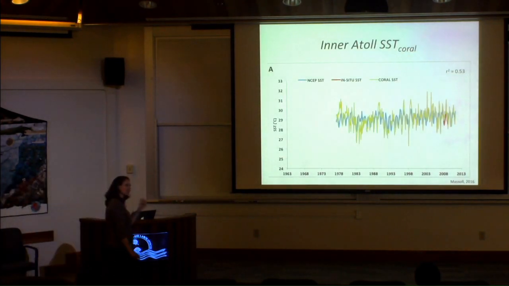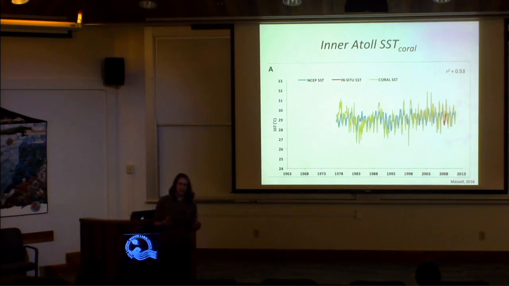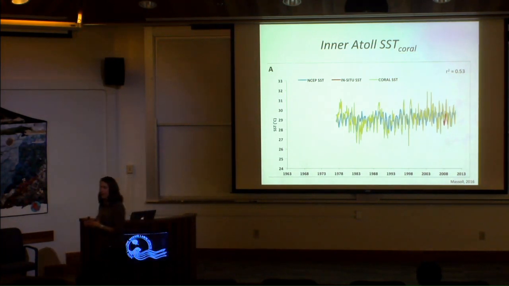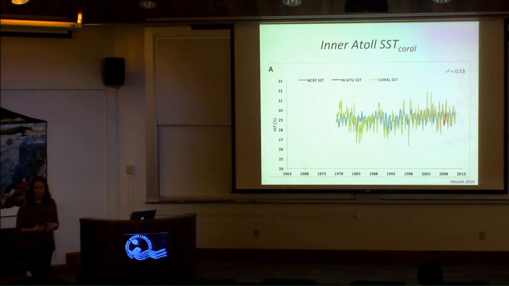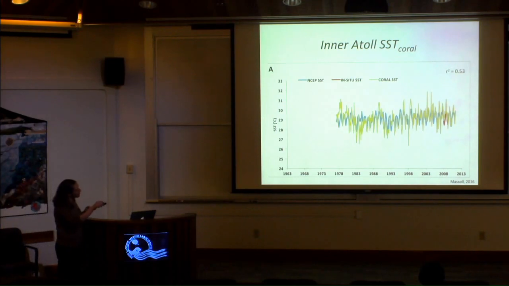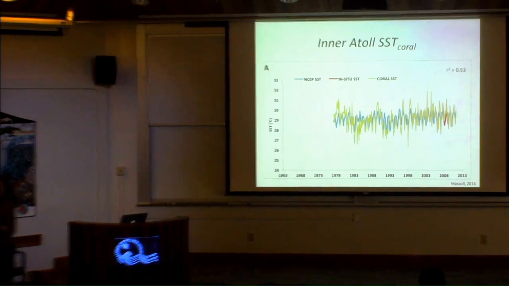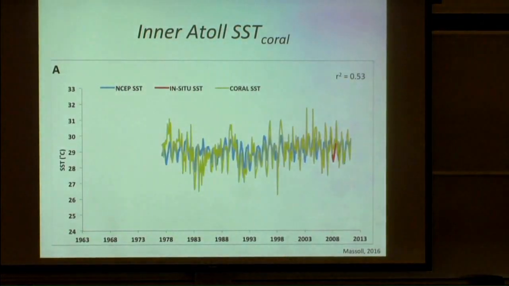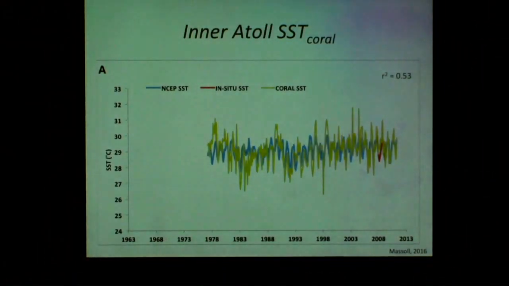So what we did when we take this data, we actually did try to put it onto calendar ages. We had a couple years of actual in situ temperature monitors, so they were monitoring the temperature within the atoll.